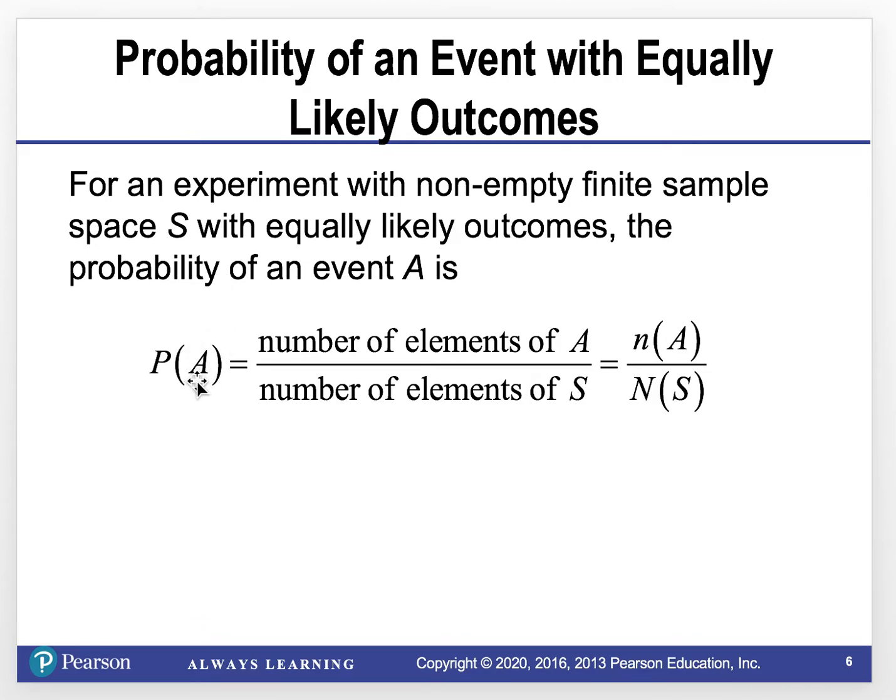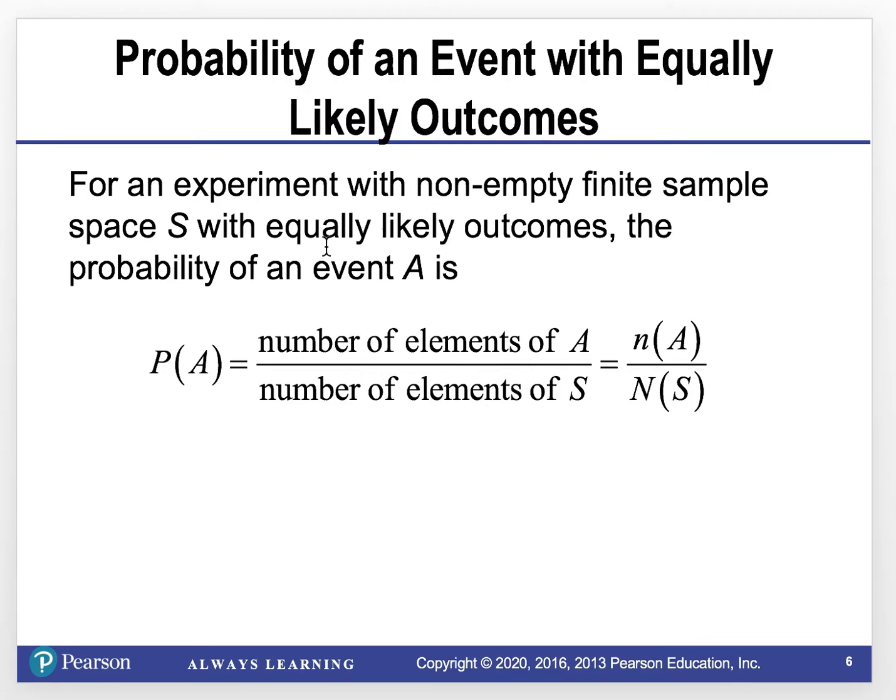And all we do, like I just mentioned about flipping the coin and getting heads, is count the number of elements in the event we're talking about. Heads is one, there's one head, over the number of elements in the sample space. Notice the notation from our set theory chapter, the cardinality of those sets, or the number of elements in each set.